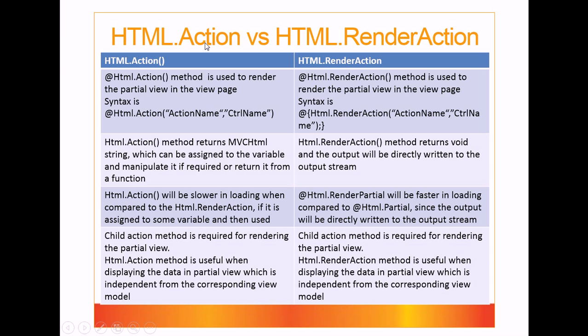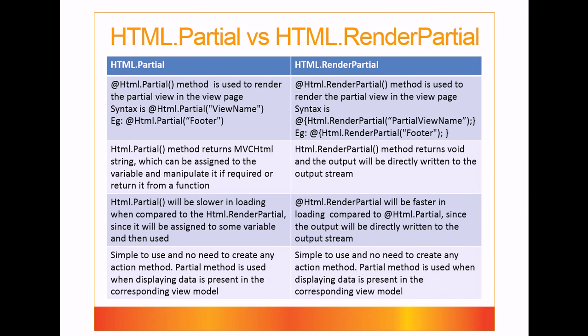So if you want to use either of these two methods, you have to have the action method for it. This is one of the differences between these methods and the partial render methods.